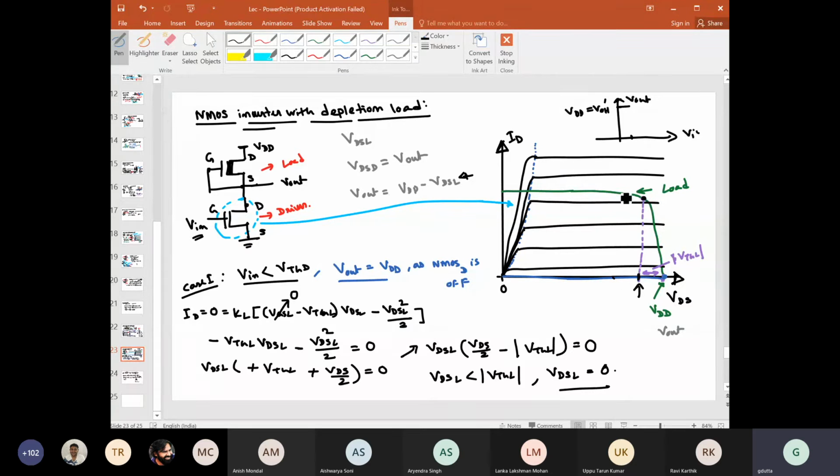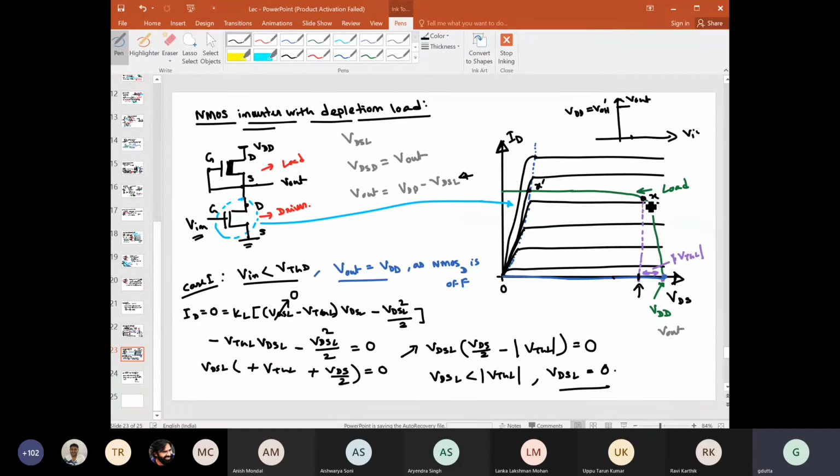Only then will this transistor go into saturation. If we say this point is X, then from X till here, this point suppose X dash, from X to X dash, both transistors will be in the saturation region. Then how to find this point X? I think you can find it out, right?